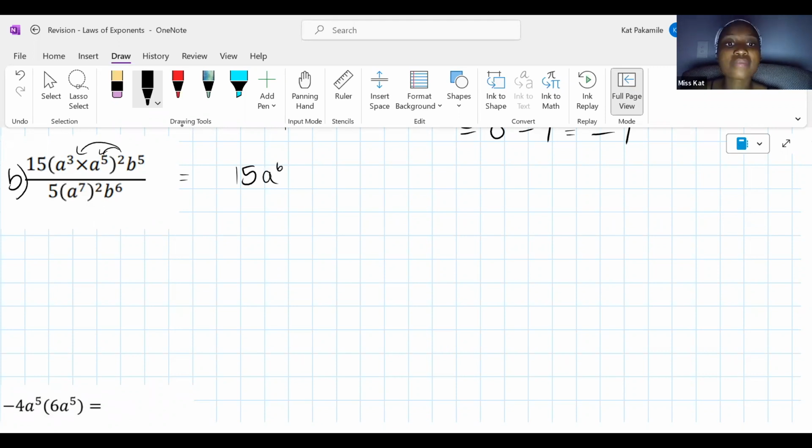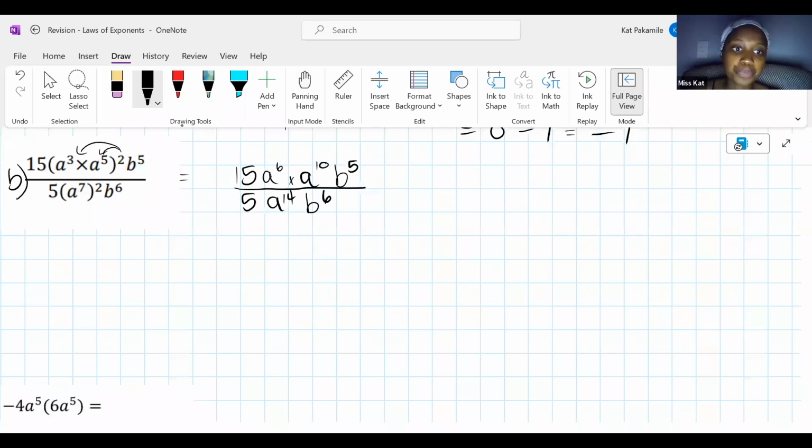And then times a to the power of 10, because 5 times 2 gives you 10. Then b to the power of 5, and then over 5 a to the power of 14, because 7 times 2 is 14, and b6.